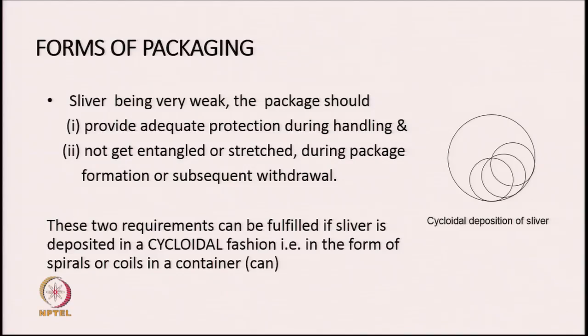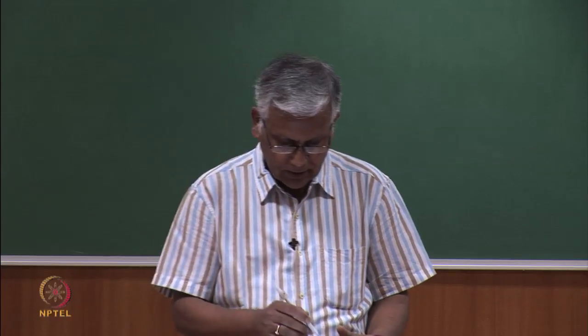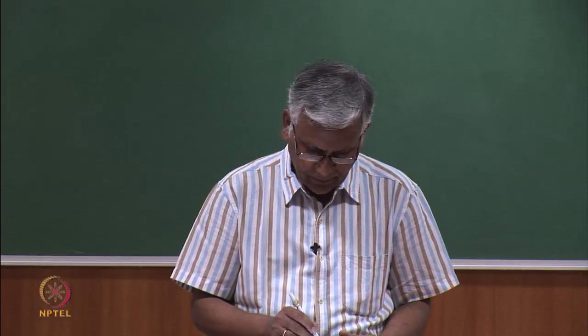We see that the outer circle indicates the inner part of a can, and the smaller circles are indicating the coils being formed by the sliver. So, if we have a deposition like this, then the withdrawal of the sliver becomes easy and it does not disturb the rest of the material or does not get stretched too much.